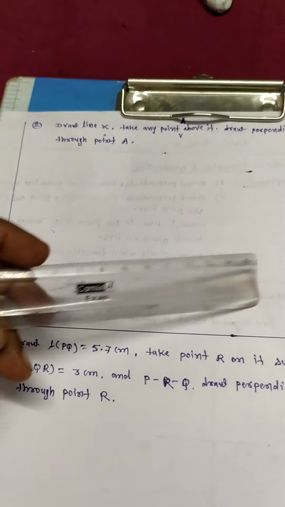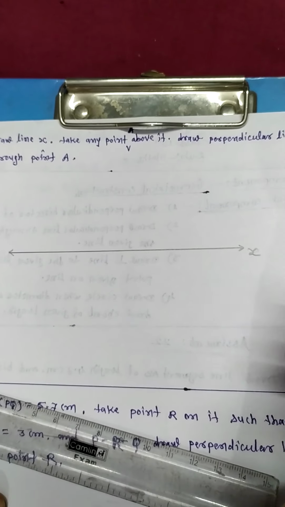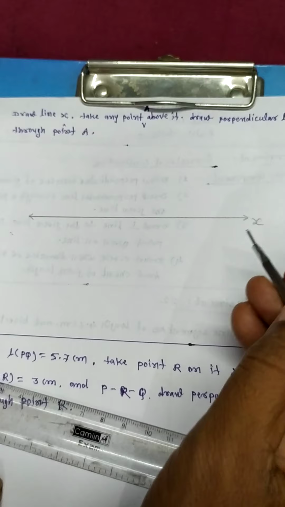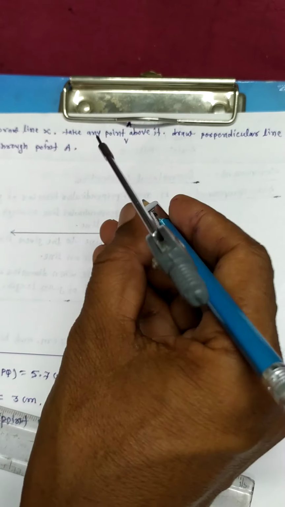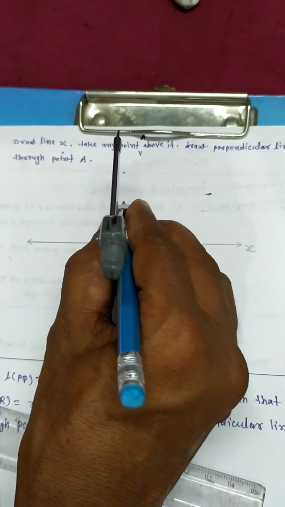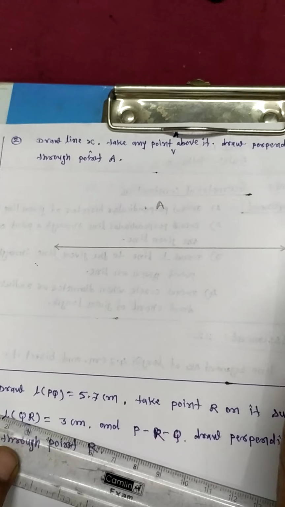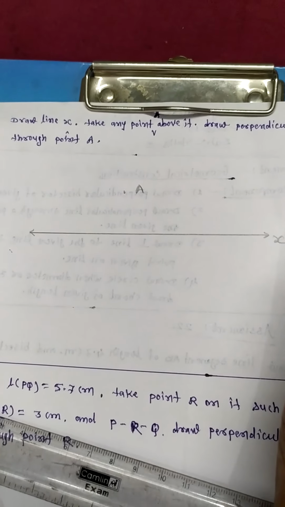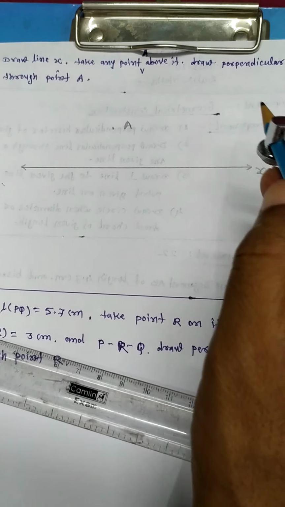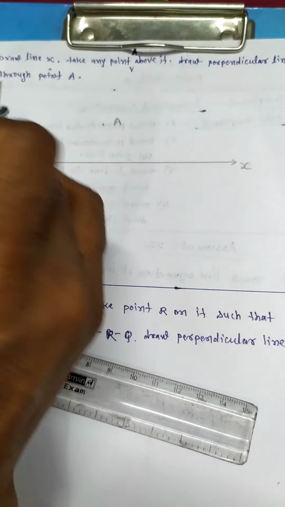So this is the line, I have to give it the name X. Now take any point A above it, meaning somewhere above this line we have to take a point A. I take point A on it. Now draw perpendicular line Y to X, meaning we have to draw line Y perpendicular to this line X through point A.